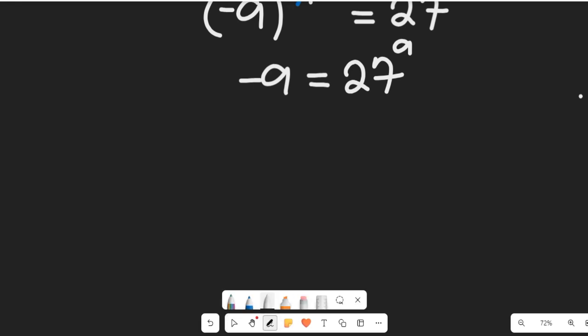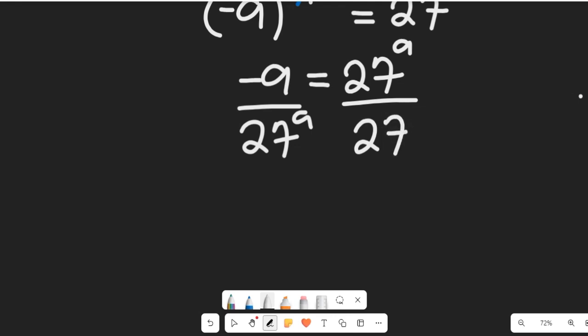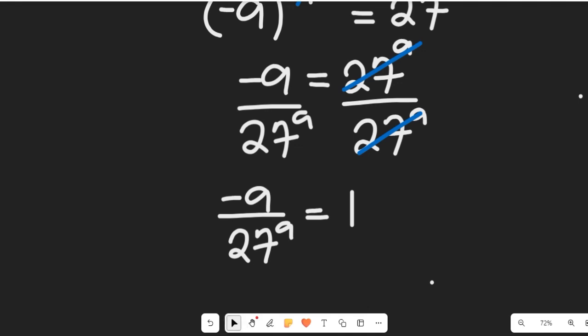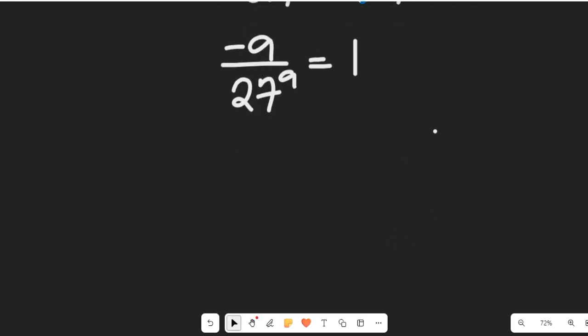So if I divide here by 27 to the power of a and divide here by 27 to the power of a, just check out what this will result to. This will cancel out to give us 1, and then we'll have negative a divided by 27 to the power of a will be equal to 1. Great. Now from that expression, we can simplify further.